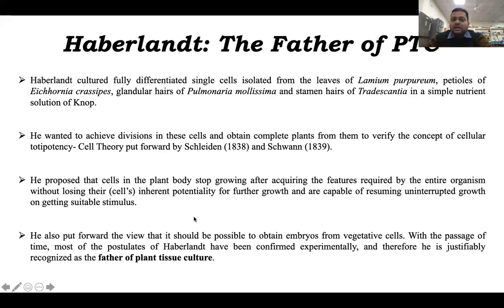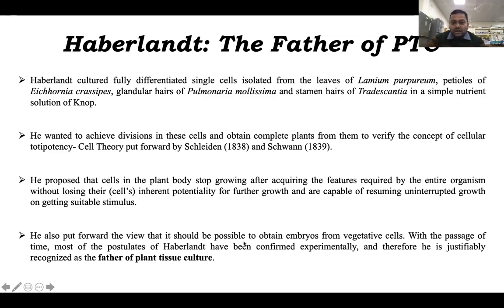And he proposed that the cells in the plant body stop growing after acquiring the required features, but they do not lose the inherent potentiality to keep growing further whenever they meet a suitable nutrient solution.